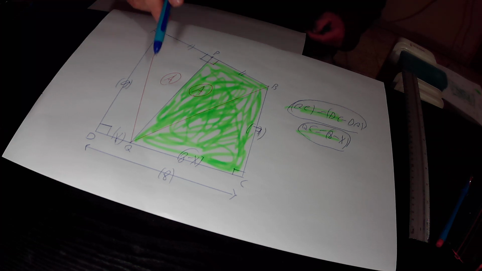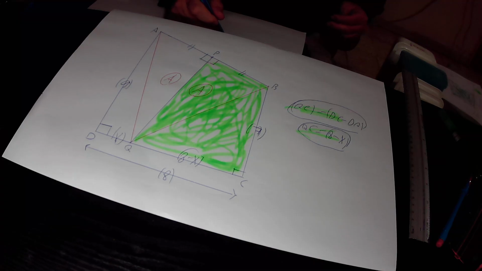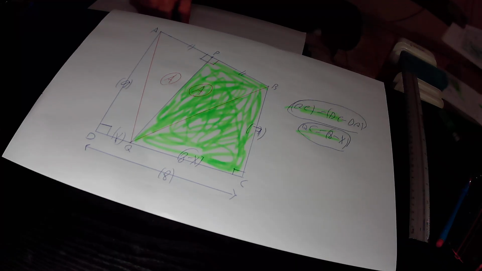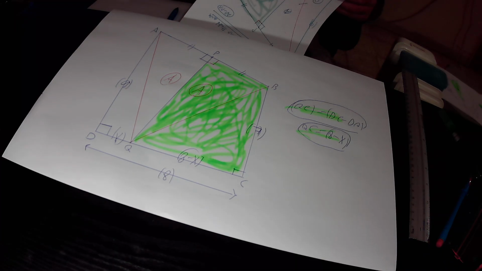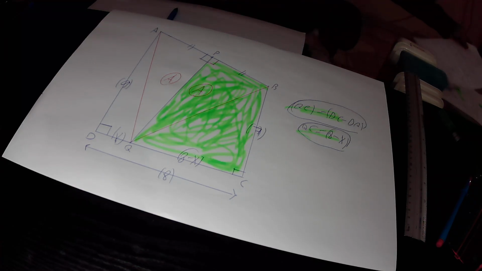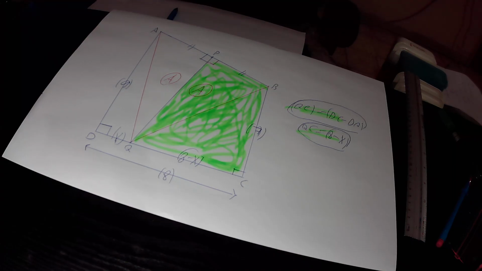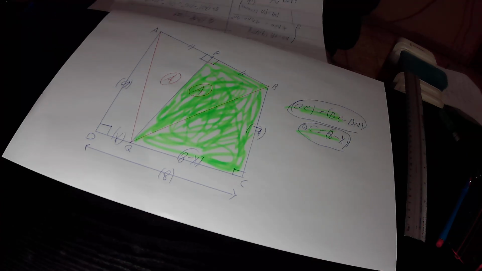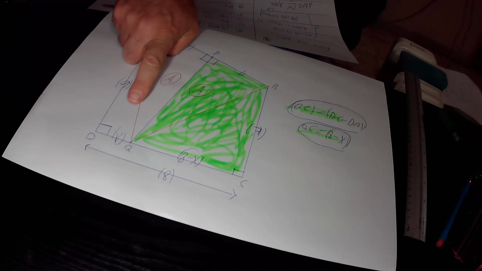That is DQ times the height DA, over 2. But before that, we have to find the value of DQ, which equals x.